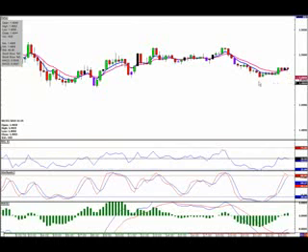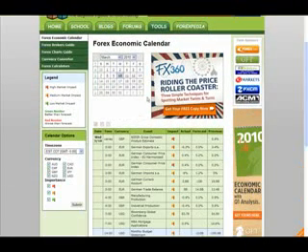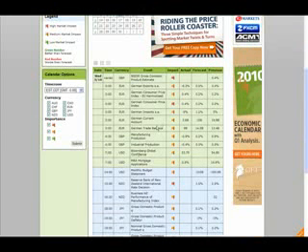So now I have my 15-minute chart, and before I start trading, I want to take a look at my news events for the day. If you go to babypips.com and click on this tools tab, it'll automatically bring up the news events for the day. Just double check it though and make sure that you're on the right day. Today is March 10th. And then again, this time zone drop down bar, make sure it's set to your correct time zone. And really, we're just looking for news that affects the sterling or the dollar, and not much going on today.